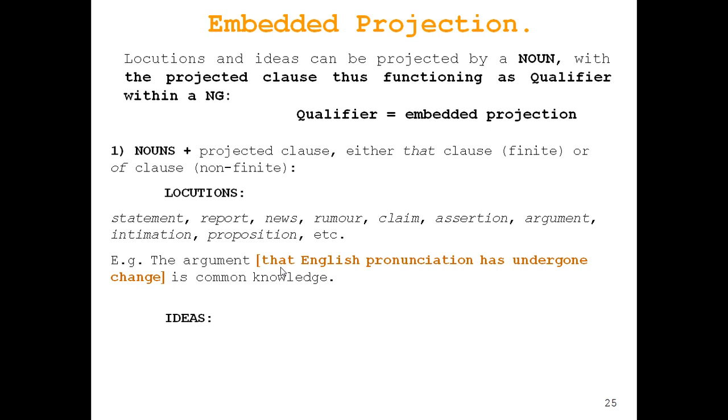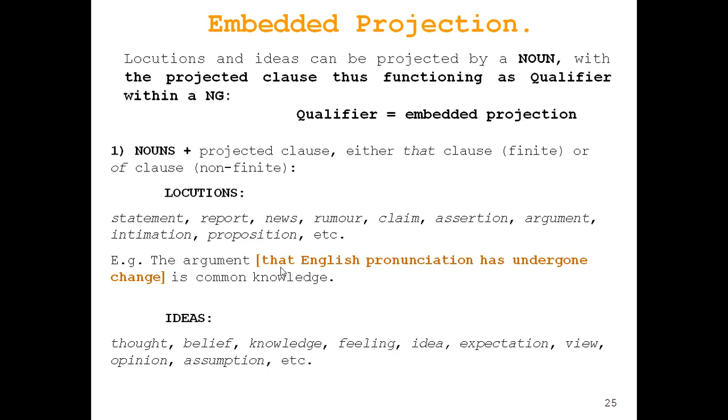Okay, so let's see how this works with ideas. You can have as nouns introducing embedded projections: thought, belief, knowledge, feeling, idea, expectation, view, opinion, assumption, and many more. Let's see one. The thought of getting up at 6 o'clock, doesn't it upset Stella? So the process is exactly the same as the one above.